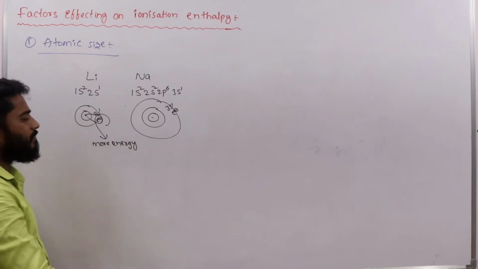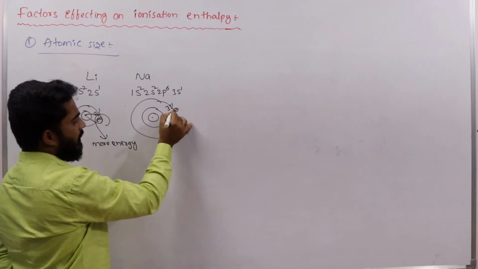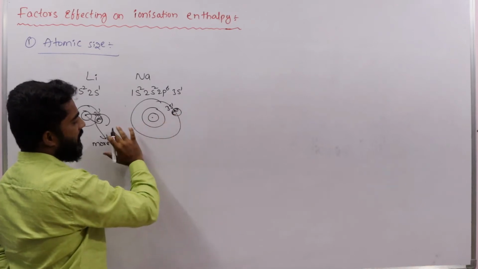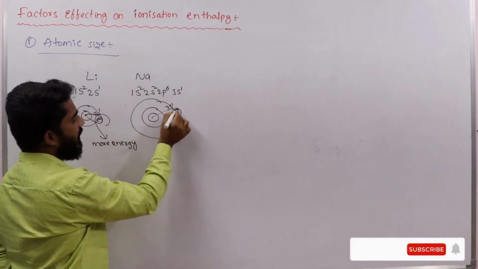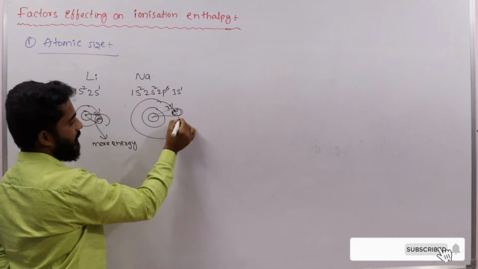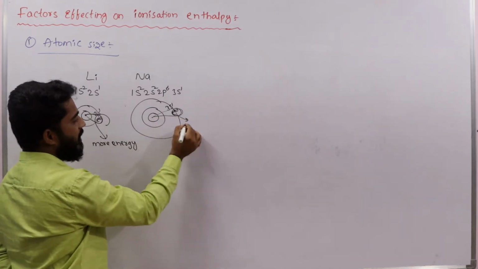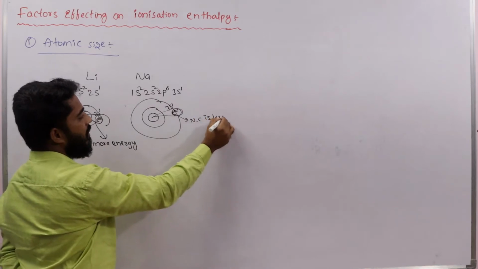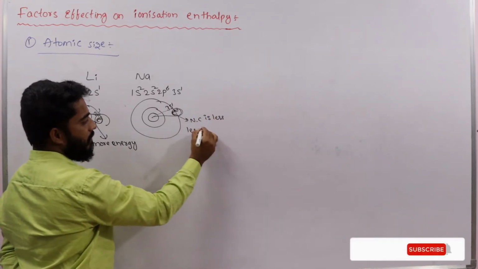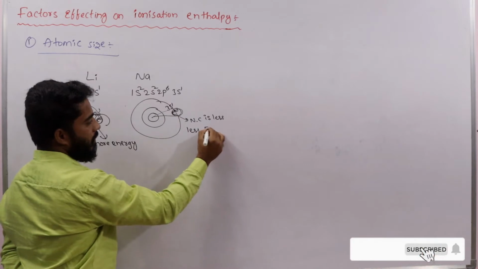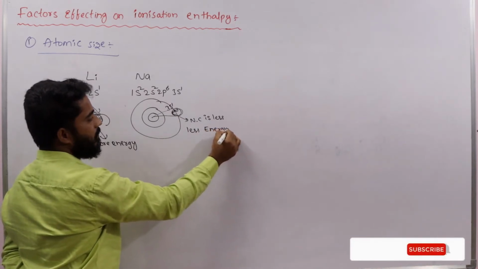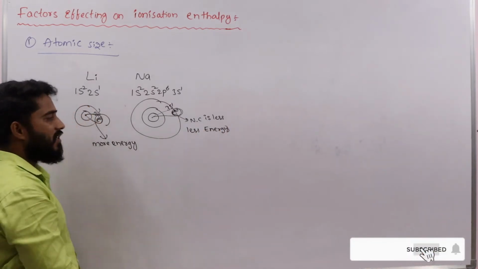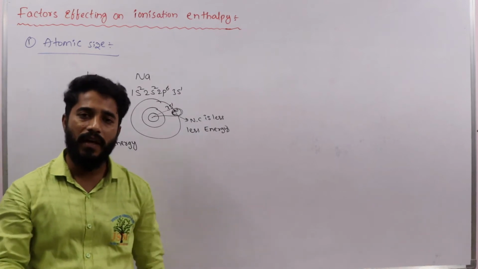But when we come to sodium, the electron is present in the outermost shell and the size is more. When the size is more, nuclear attraction is less compared to lithium. So less energy is required to remove the electron. That's why the ionization enthalpy is less.